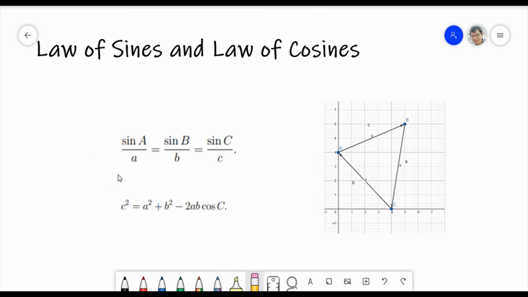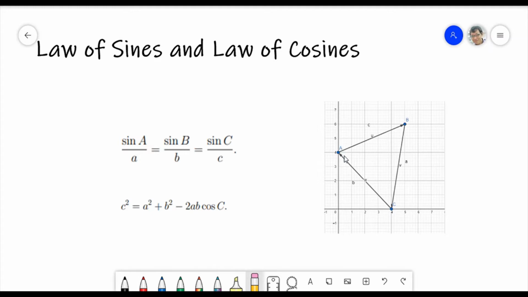The law of sine is this one. A, B, C are the angles inside the triangle.